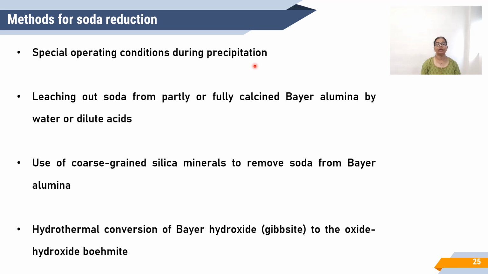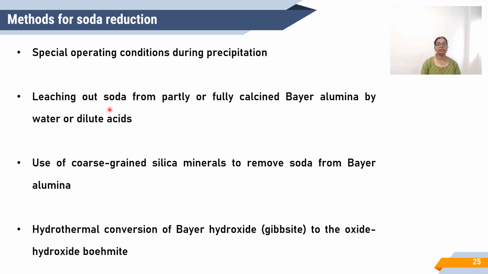So even though we have to compromise on the liquor productivity, if the product we are getting has a low soda content of 0.1%, the properties which we achieve in low soda alumina give it a very high value addition, and that's why it is preferable to give a high temperature in the precipitation step, and low supersaturation can be kept in the precipitation process.